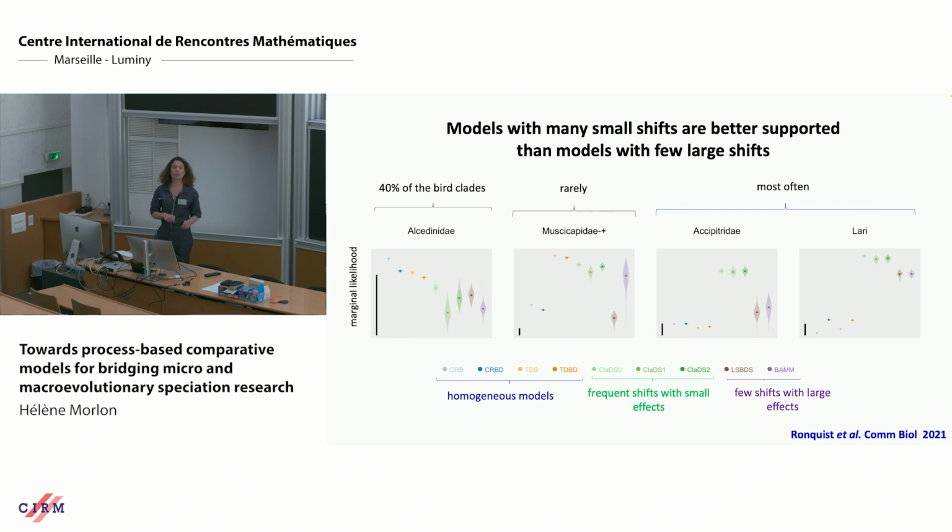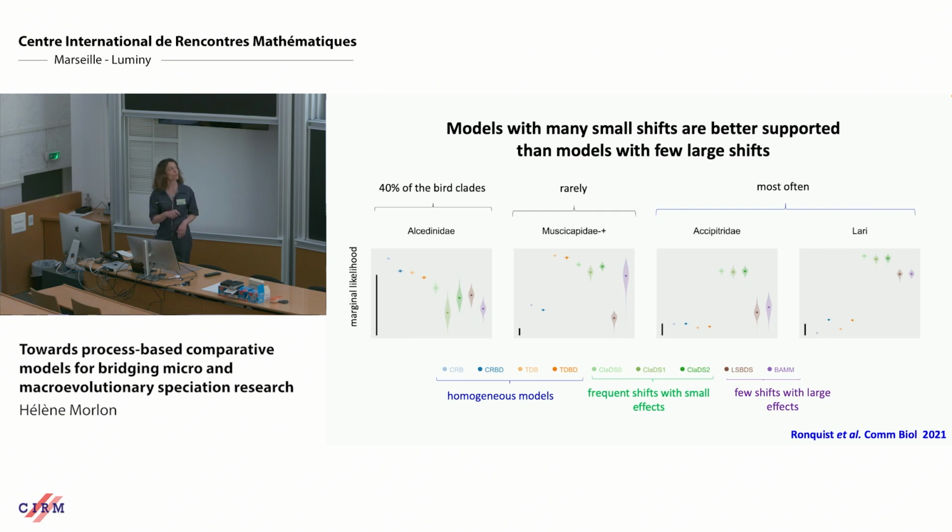So these models that I showed at the beginning that were existing previously in the literature, we see that on small trees, it's homogeneous models that tend to be supported because there's a lack of statistical information in the data to support more complex models.